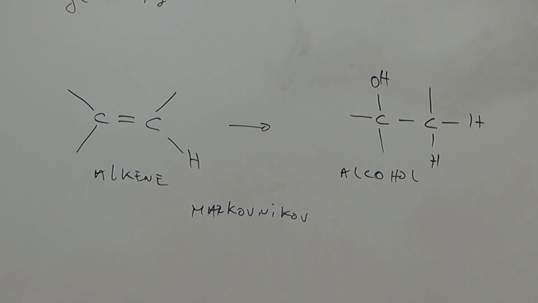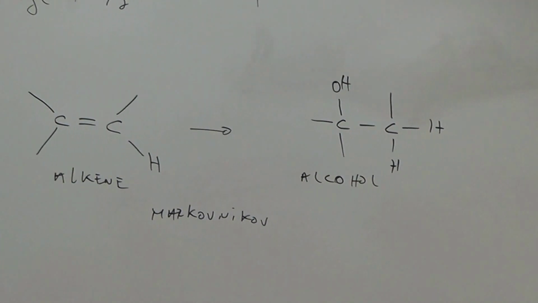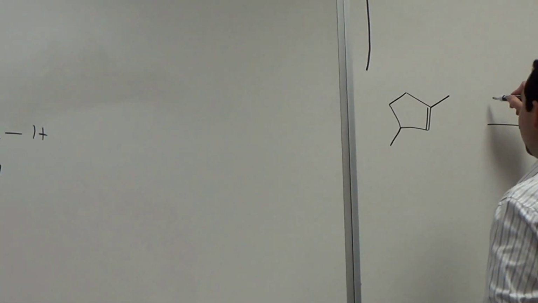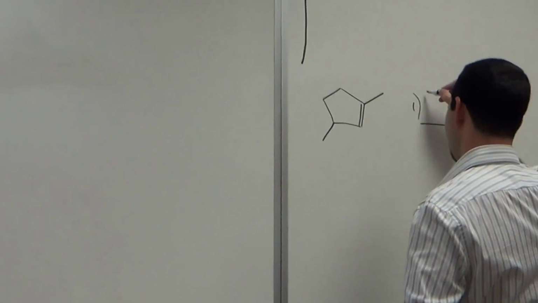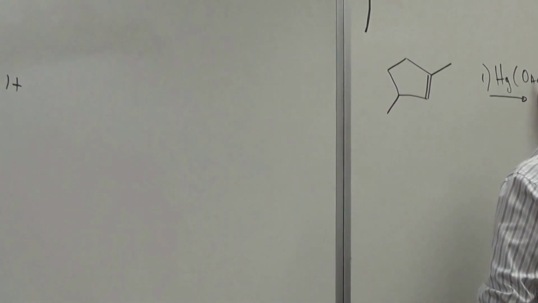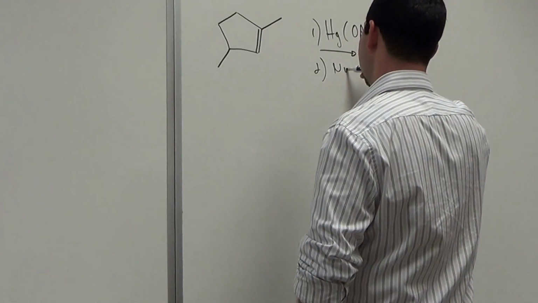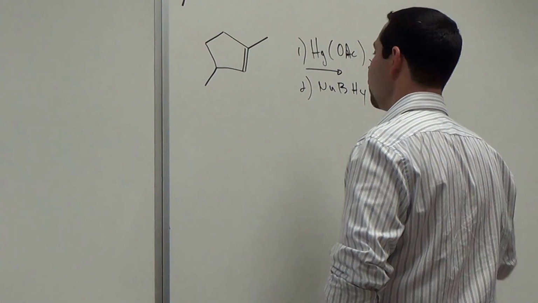Let's say, and I do not want you to show me stereochemistry. In the first step, we're going to add mercury acetate. Second step, sodium borohydride.